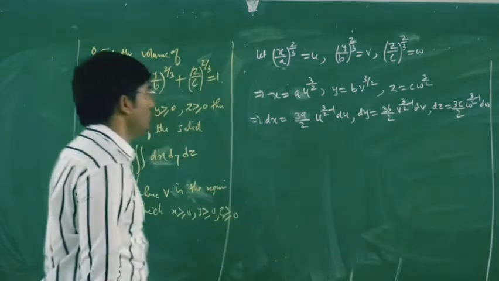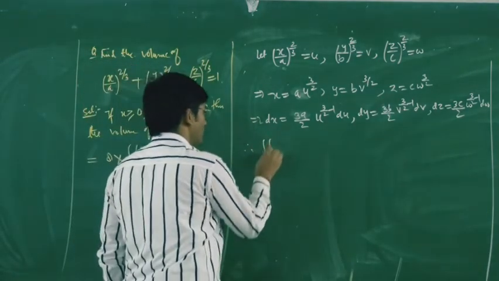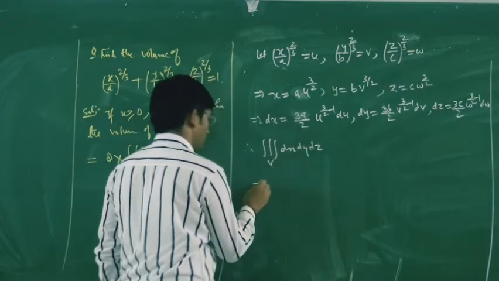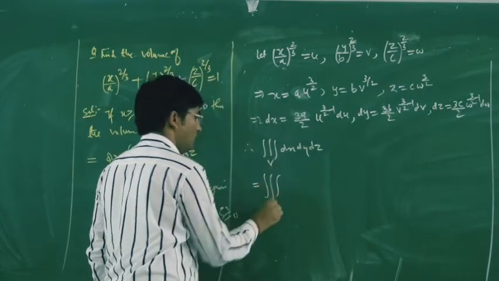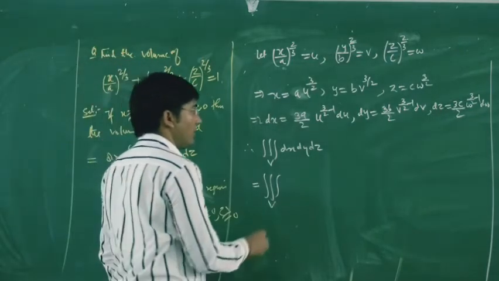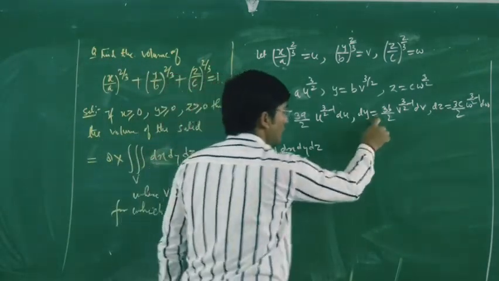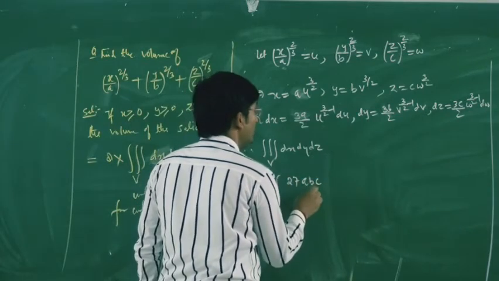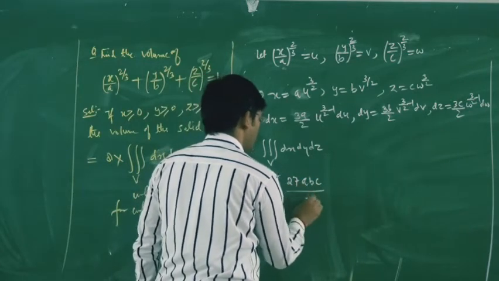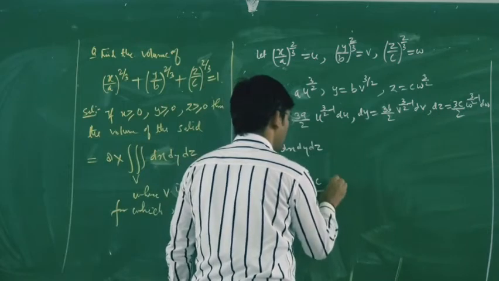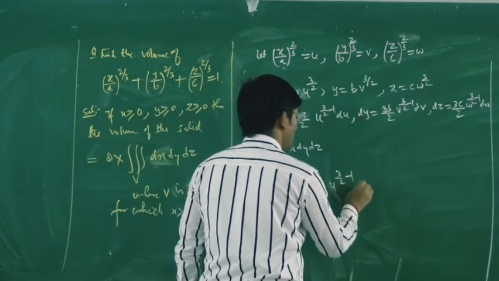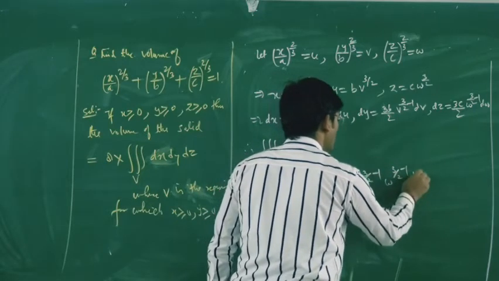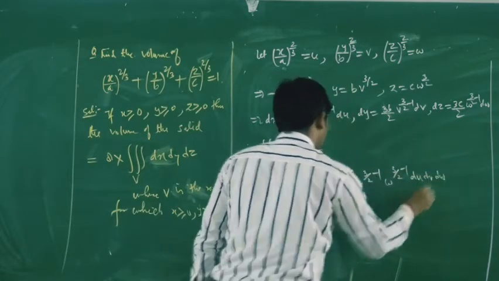So your volume integral is equal to, putting the values of dx dy dz, we have 3, 3, 3, so this will be 27abc upon 8. Then we will have u to the power 3 by 2 minus 1, v to the power 3 by 2 minus 1, w to the power 3 by 2 minus 1 into du dv dw.